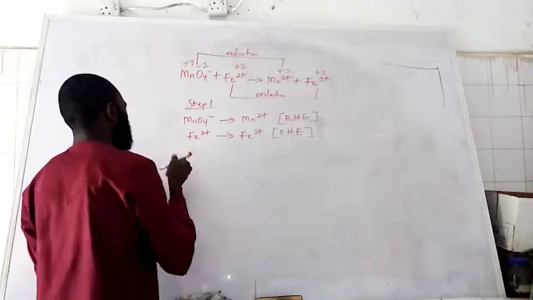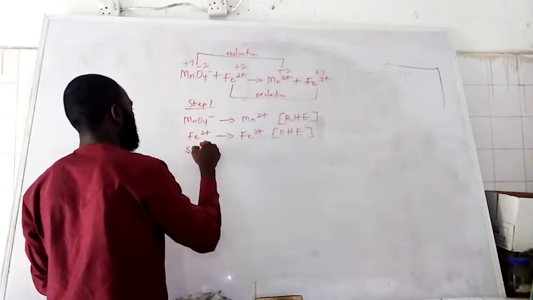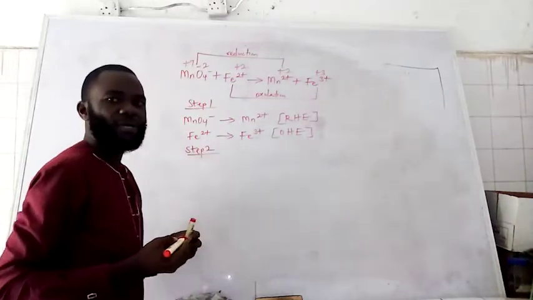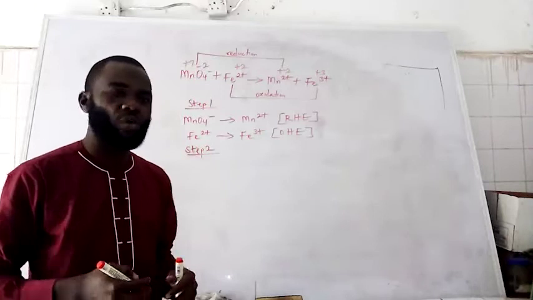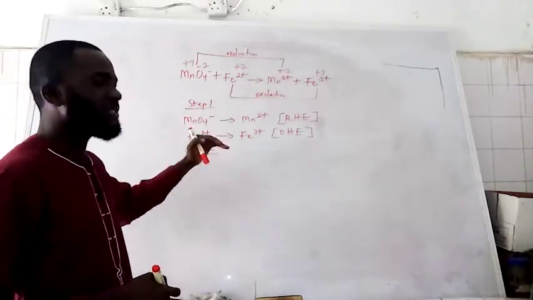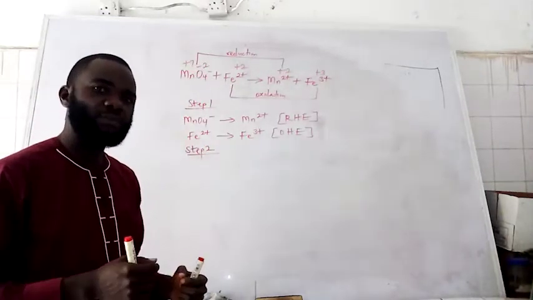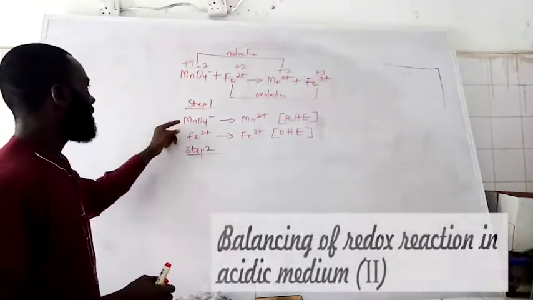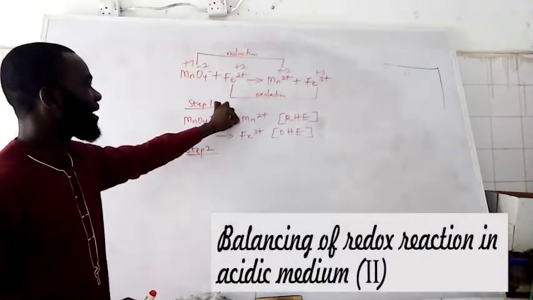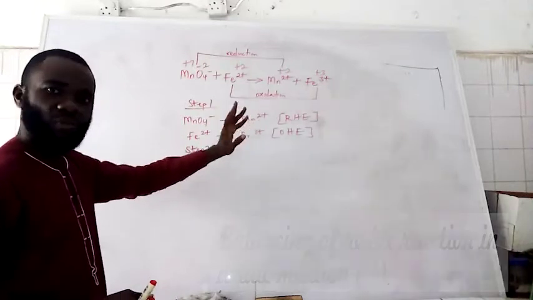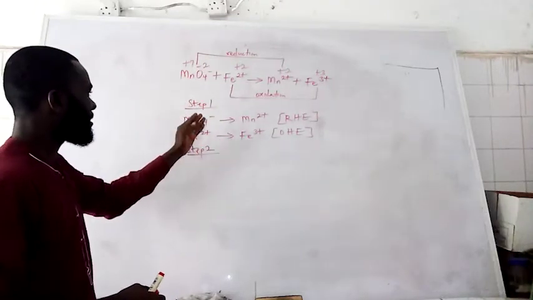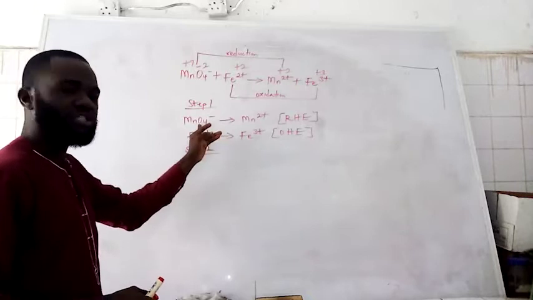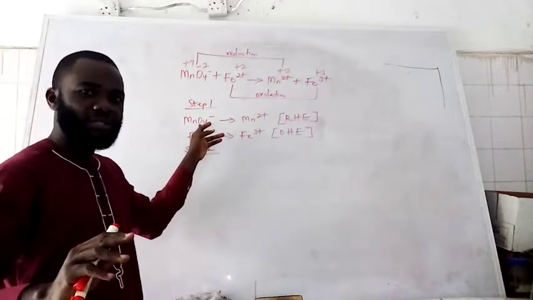Step 2. For my step 2, all I have to do is to balance the atoms except those of hydrogen and oxygen. If we look at this, I have an atom of manganese, an atom of manganese, not the ions now, just the atoms. Oxygen, the instruction is that I should not balance the atoms of oxygen.